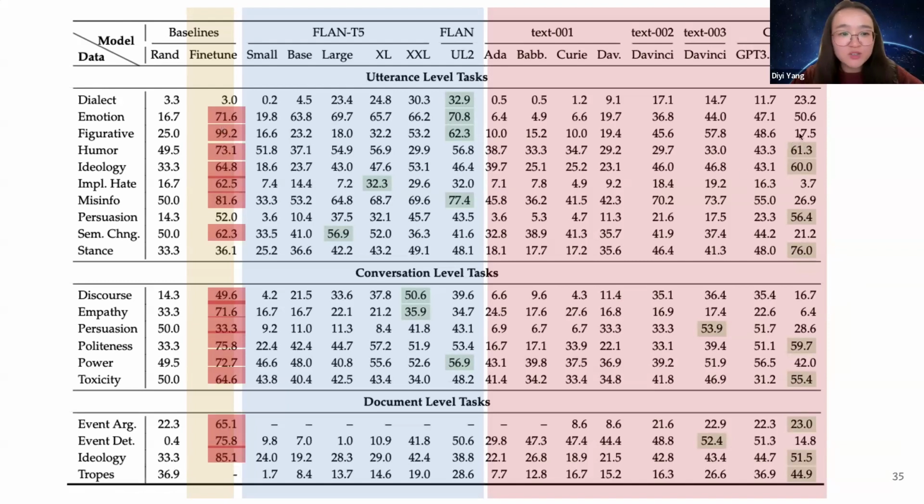Although the number looks really different, maybe right now on my current screen, it's easy to use. You only need to ask one simple question. And I'm showing the zero shot fashion here, but you could also make it few shot, where you give it a few examples. So let's just take this ideology as one example, 64.8.